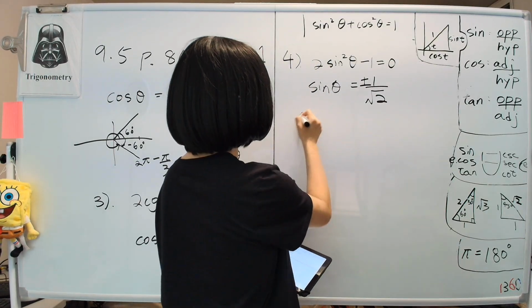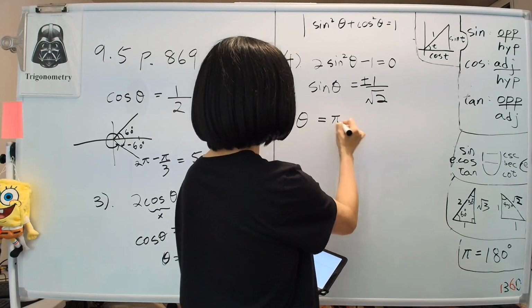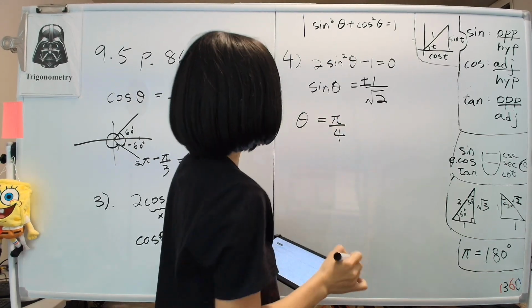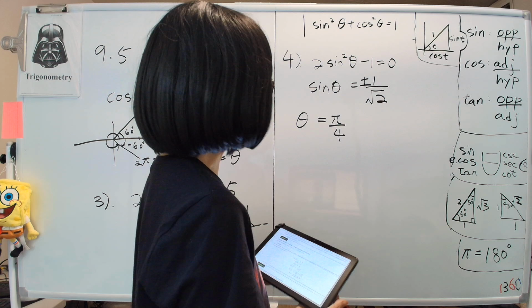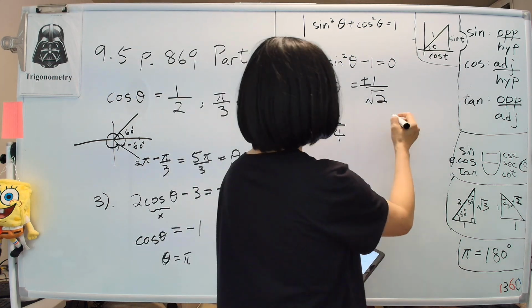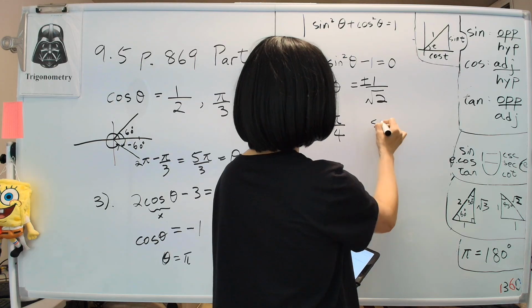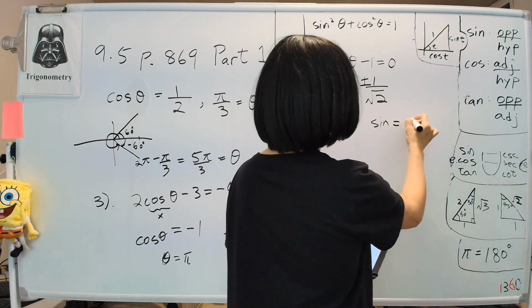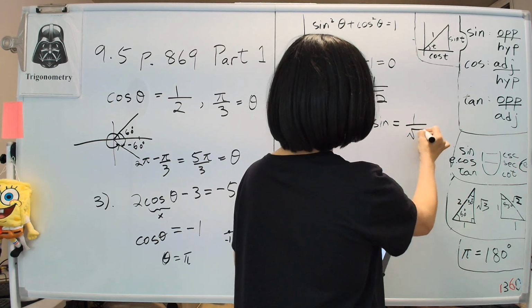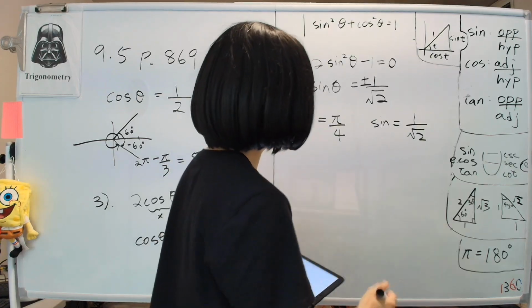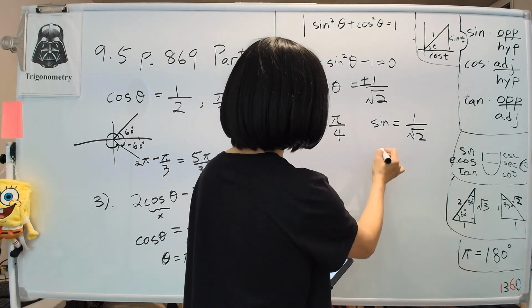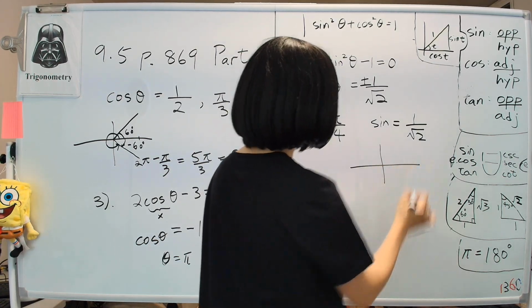So theta equals pi over 4 or 45 degrees. But that's just one of the angles. This is for sine theta equal to the positive 1 over square root of 2. If it's negative, then we have to think about something else. So for positive, let's think about one thing at a time.